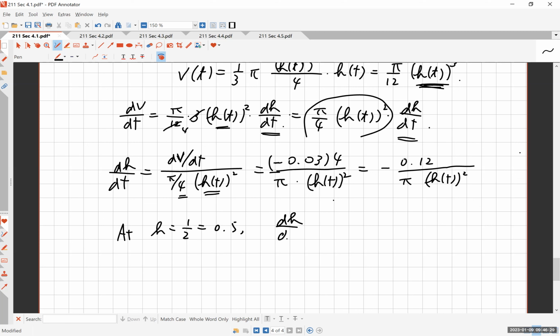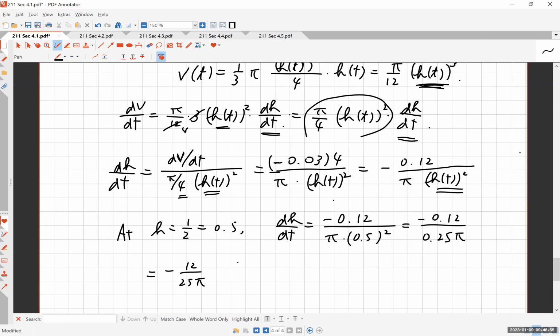I think we can easily find dH dt to be negative 0.12 all over pi times 0.5 squared. All right, so this will be negative 0.12 over 0.25 pi. If you don't like the fraction part, that's okay too. It's basically negative 12 over 25 pi.